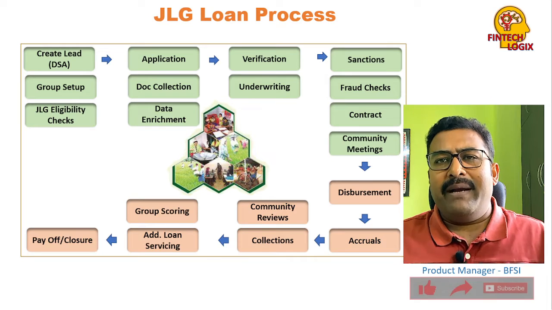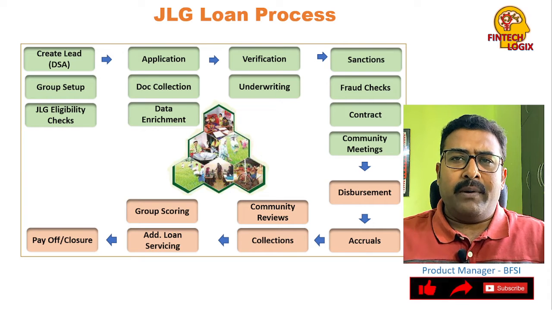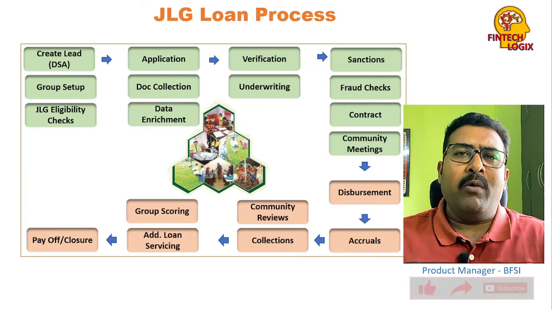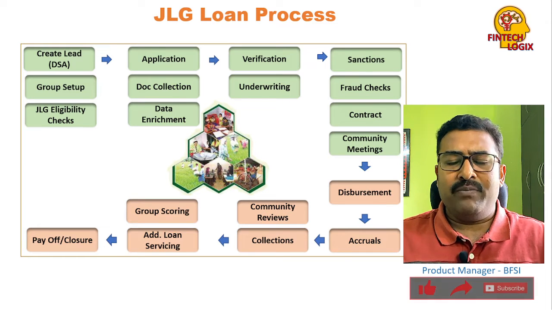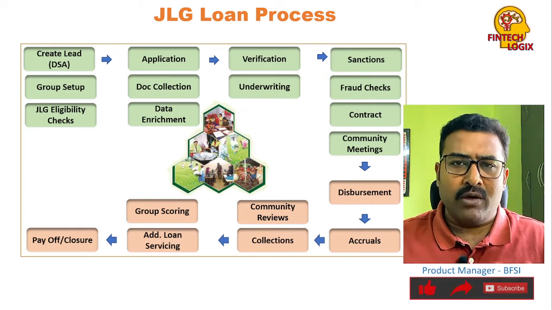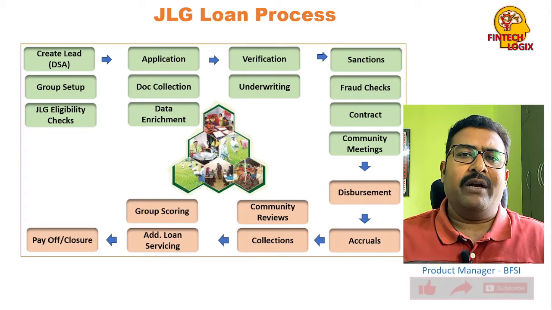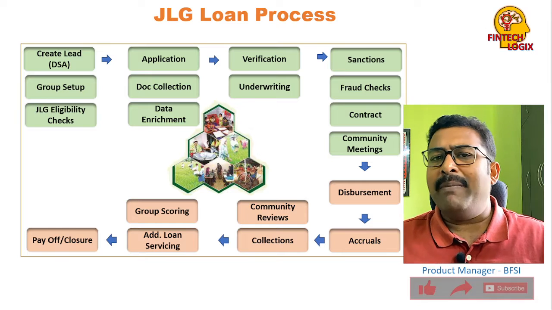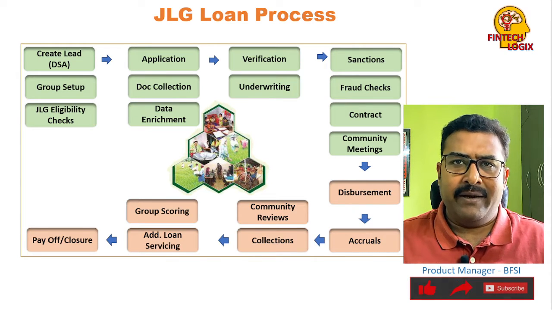So community meetings are normally done to empower or to tell members about the responsibilities of the group, that okay, if one member delays or defaults, how the other members can also be penalized by not getting additional credit.